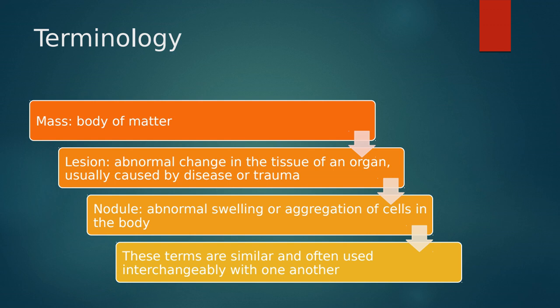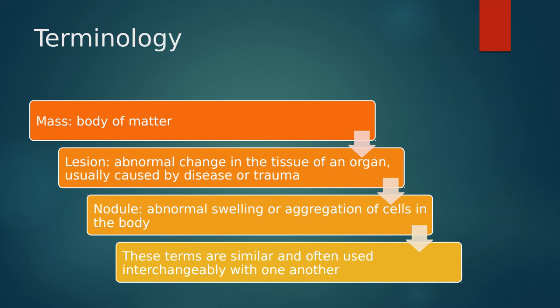Now, a lesion is going to typically be in response to some sort of disease or trauma within an organ. So this is going to be more organ specific. Maybe they have a known liver disease going on and we see a lesion forming in response to that in the liver itself. A nodule is going to be when we have swelling or aggravation of cells within the body.